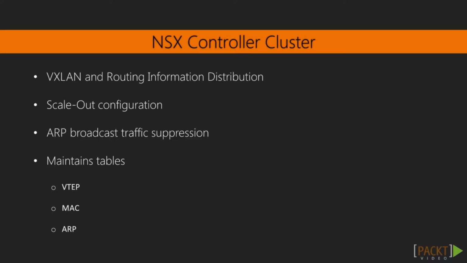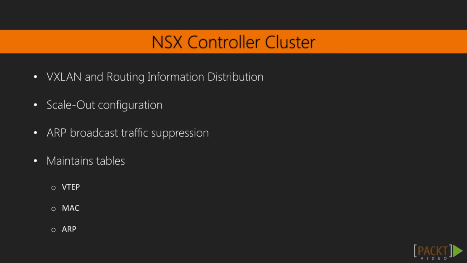Let's take a look at the NSX controller cluster and what the responsibilities of this system are. Firstly, we have the VXLAN and routing information distribution. So the NSX controller cluster updates the VTAPs, and using the NetCPA, the DLRs on the hosts, so that they have a consistent configuration. The NSX controller cluster uses something we call a scale-out configuration.